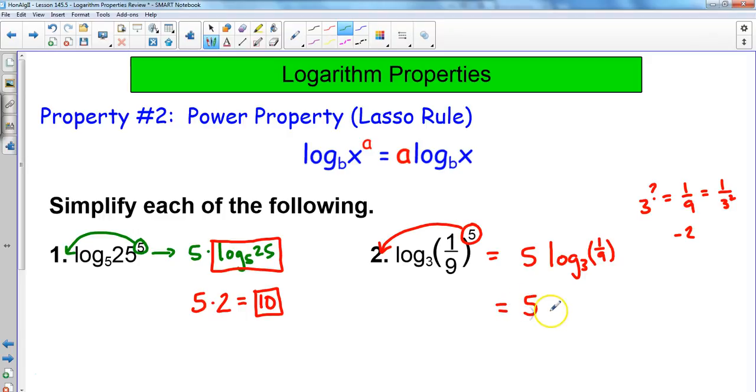We've got 5 times log base 3 of 1/9. We just figured out that is negative 2. So 3 to the negative 2 gives me the argument inside. So 5 times negative 2 is going to give me negative 10. And we've just found an explicit answer for this thing that looked kind of ugly in the beginning using some of the properties of logs.